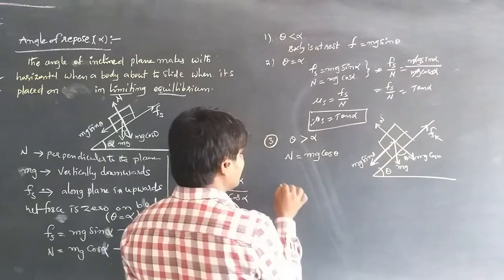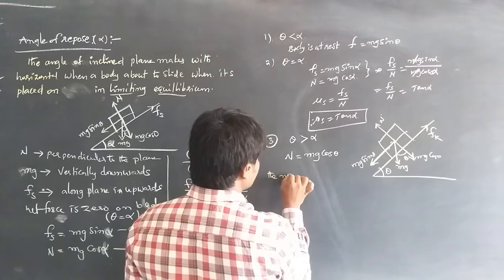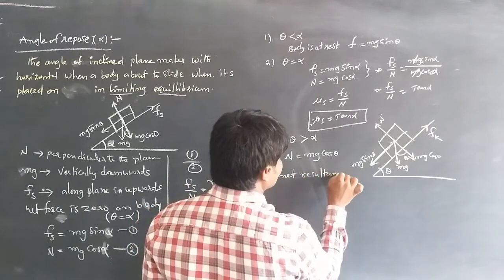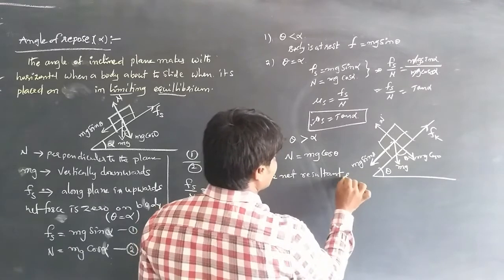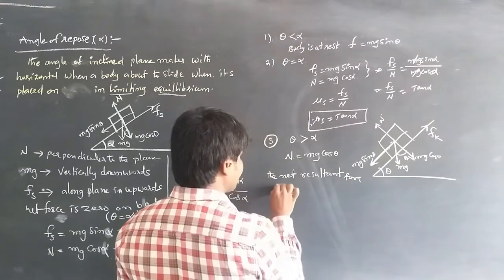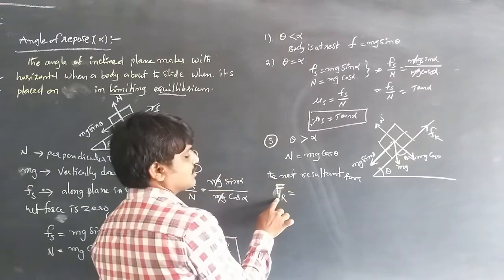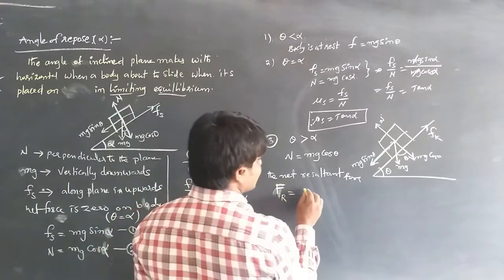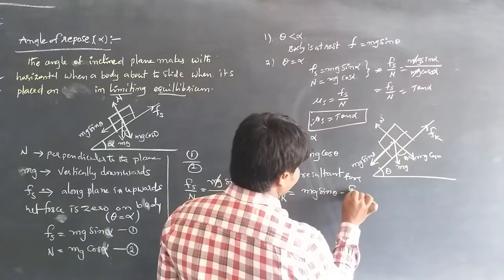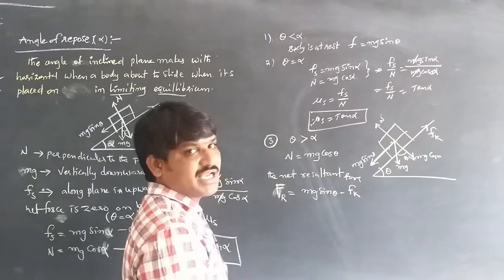So the net or resultant force Fr, capital Fr, is mg sin theta minus fk.